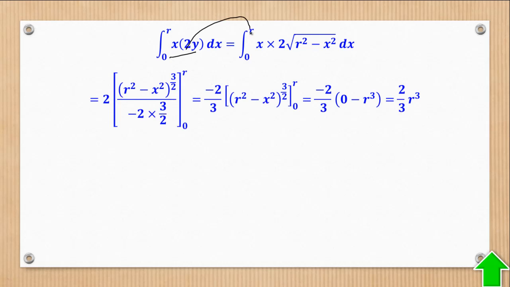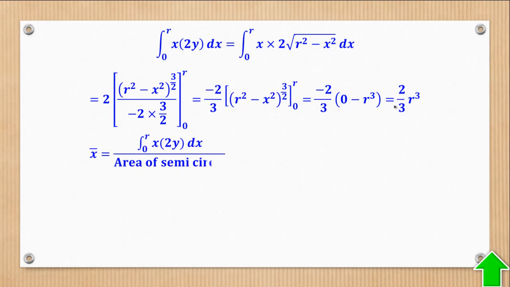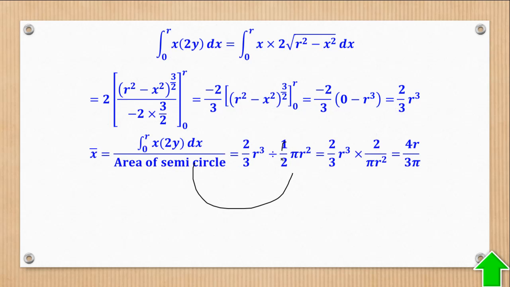So this, substitute for x, substitute for y, integrate, simplify, substitute limits, and get the output. That was the numerator. The denominator, we already know that it's the area of a semicircle, and the area of a semicircle is a half pi r squared. So in the end, we'll come up with this, which is required.